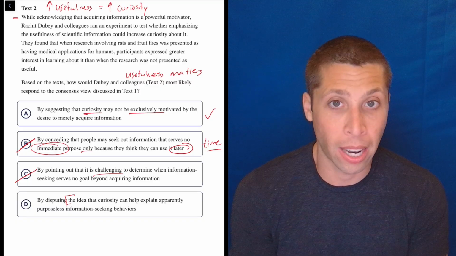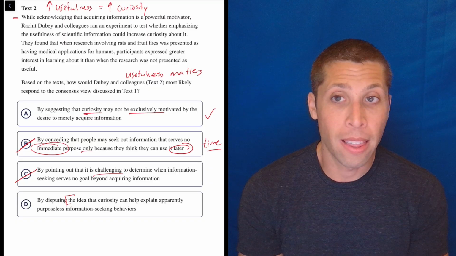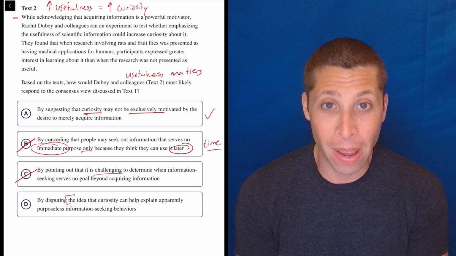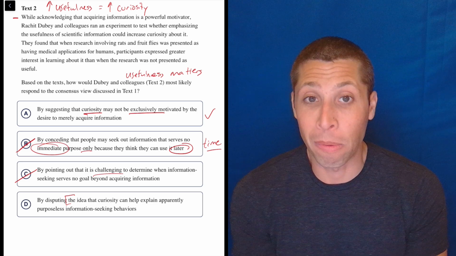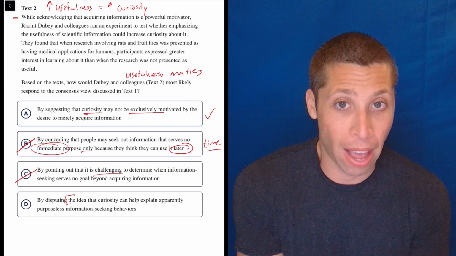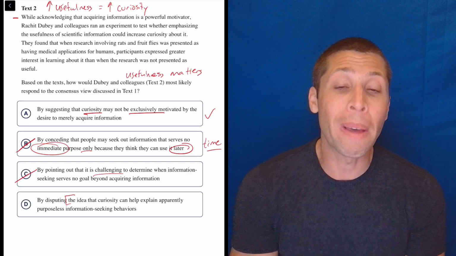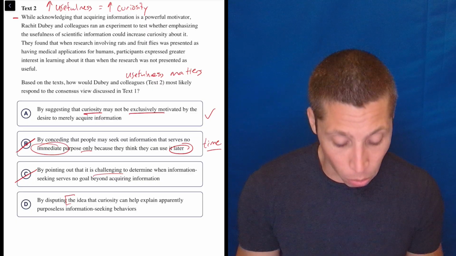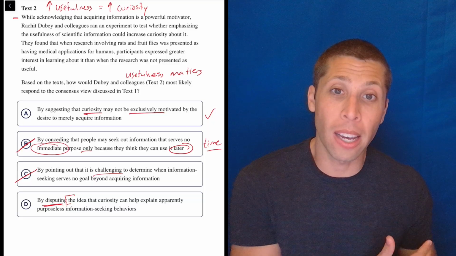He's not disputing that idea. He's not saying that there's no reason anyone would ever find information that they didn't think was useful. They're just saying there's this element on top of that, right? People are curious, but you can make them even more curious by explaining to them why this information is useful. So he's not disputing this idea.